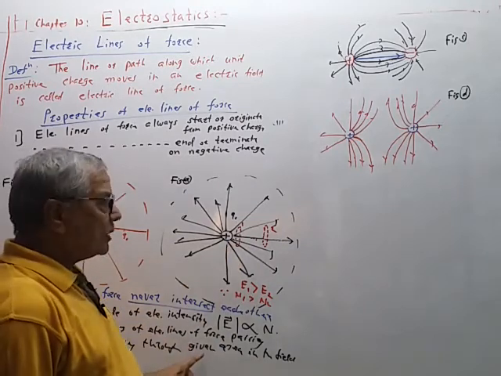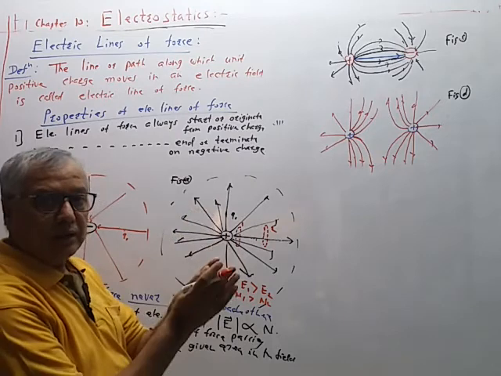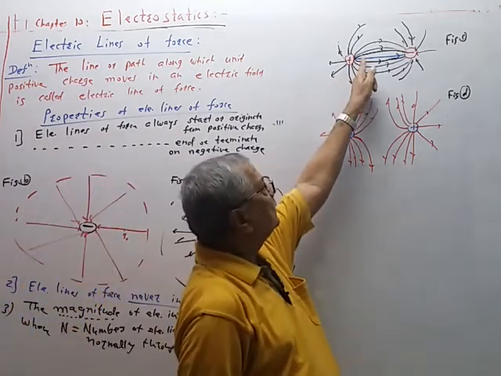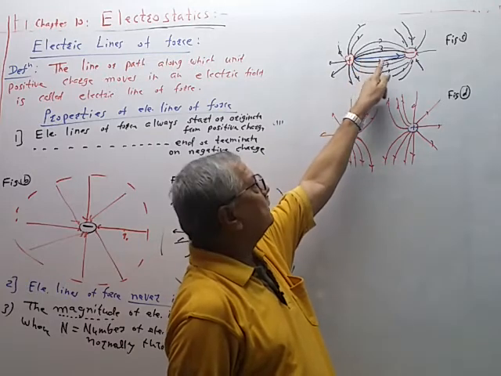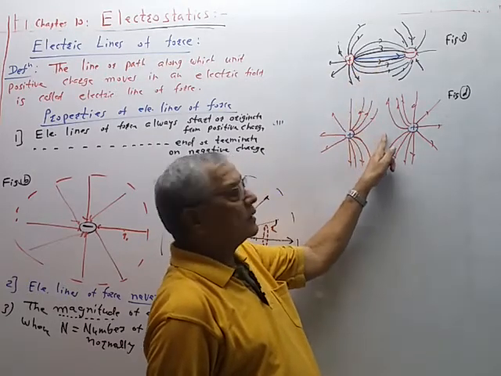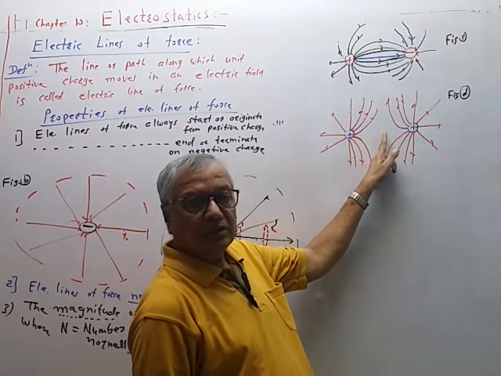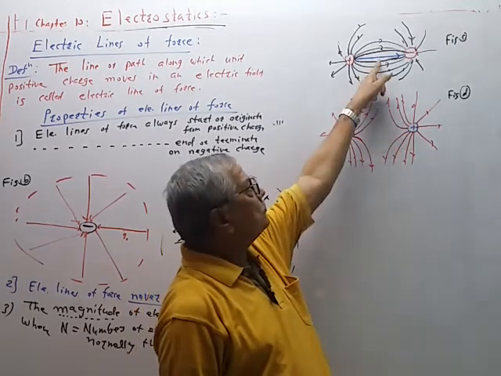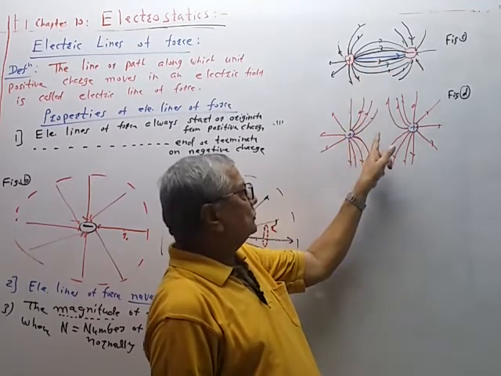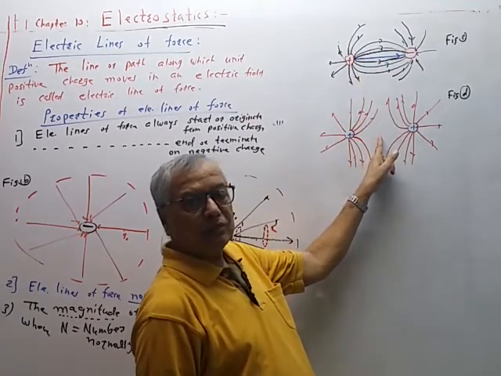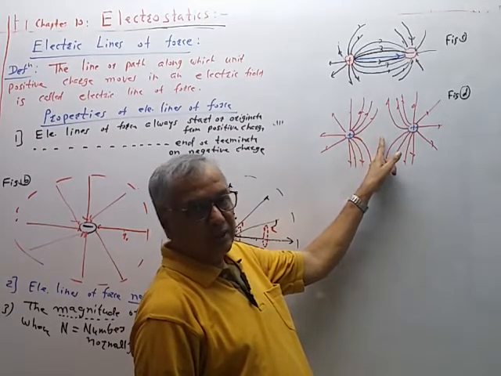So the same property you can give in another fashion. When the lines of forces are crowded, look here, in this region the lines of forces are crowded, the intensity is more, and if we take the same area here, no line passes through it, so the intensity becomes 0 directly. The more the number of lines of forces passing through the given area, the more is the intensity. The smaller the number of electric lines of forces passing through the given area, the smaller is the intensity.